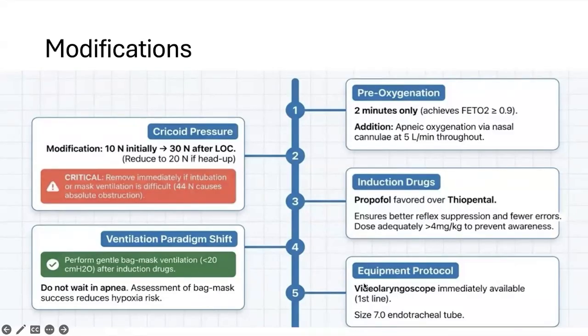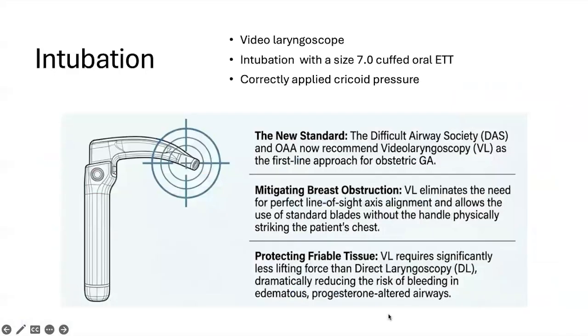For intubation, it is recommended to use a video laryngoscope as the first line and to put a size 7 endotracheal tube. Why is it recommended? The Difficult Airway Society and Obstetric Anaesthetists' Association have recommended it as the first line because we do not have to have a perfect alignment of the axis of the airway.